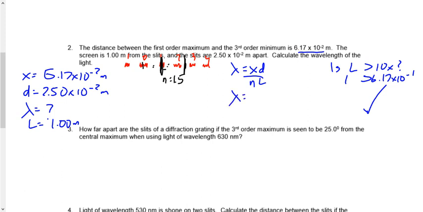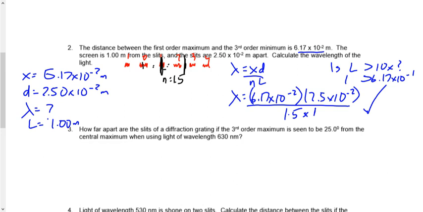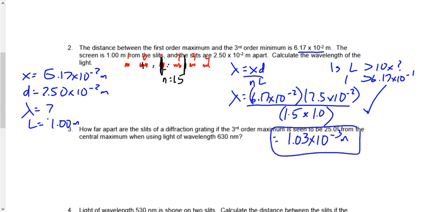Lambda is equal to 6.17 times 10 to the minus 2 times 2.5 times 10 to the minus 2 divided by n, which is 1.5, times L, which is 1.0. When we do this, we get 1.03 times 10 to the minus 3 meters.